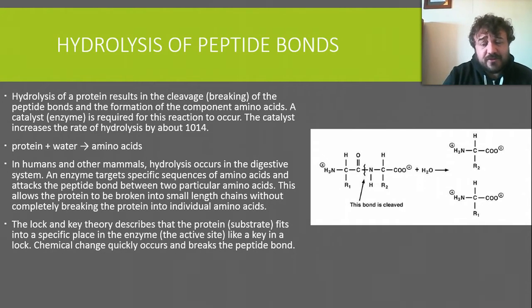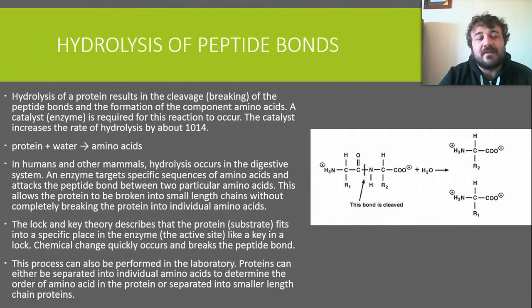The lock and key theory, which we'll have a look at in a second, is what makes it much more efficient. The substrate, which is your protein, is what's being acted on. It fits into a specific place on an enzyme, and it just holds it still basically for the chemical reaction to occur. We can do this in the lab, and we can control it really well these days.